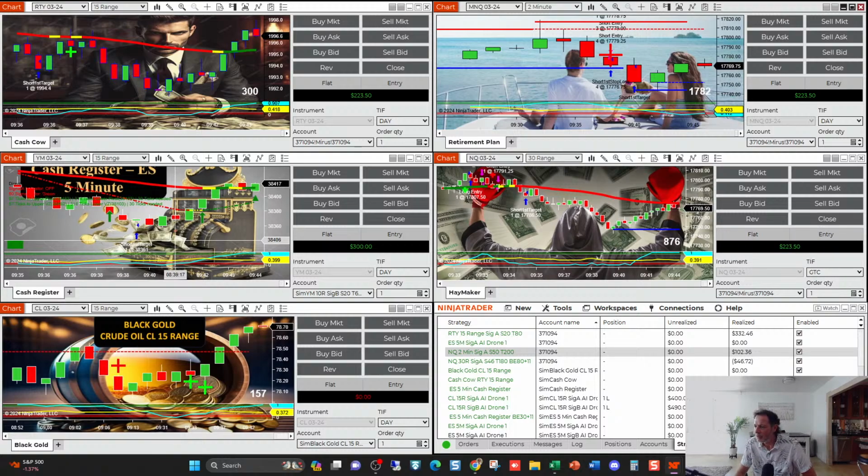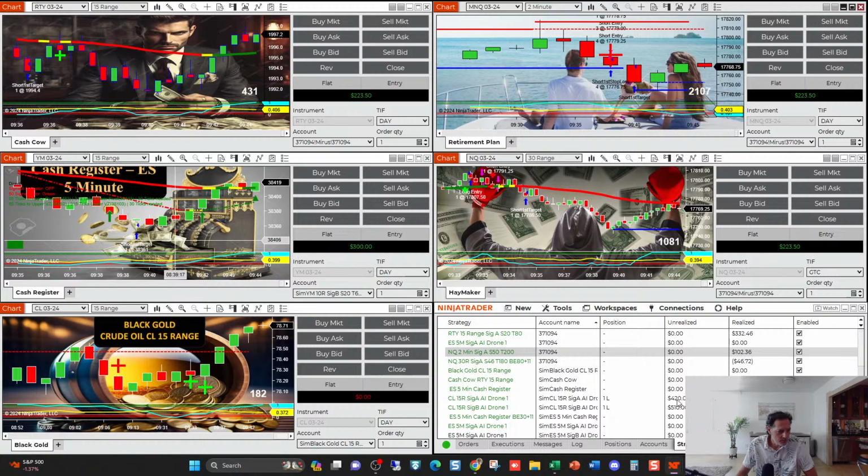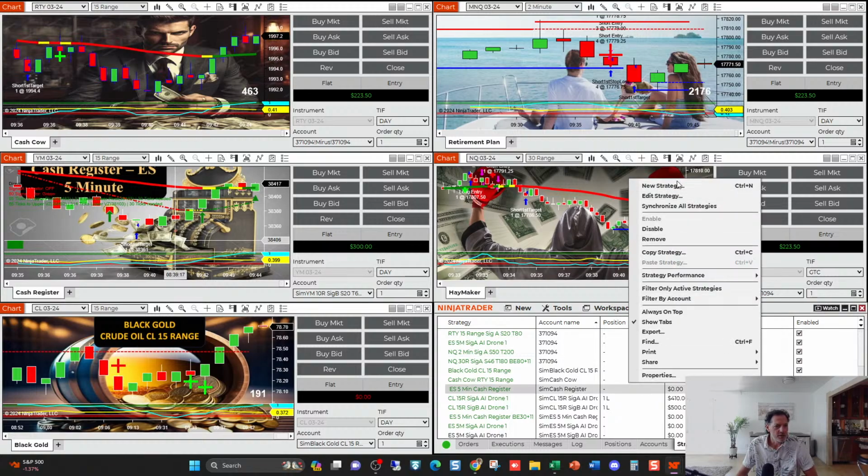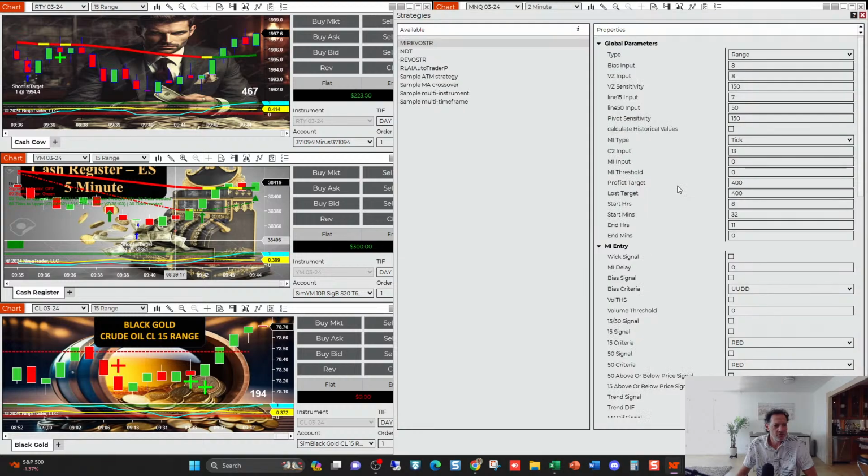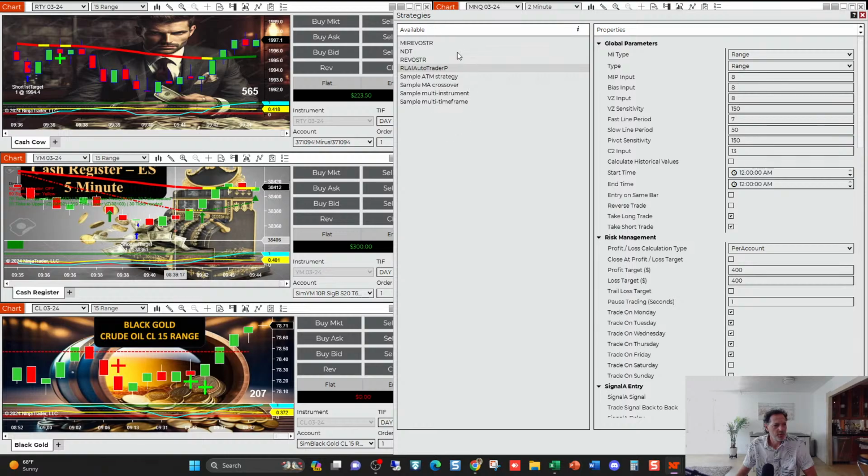And where do we input the number of contracts? Okay, so let's create another strategy or even edit one. Let's right click. We'll do a new strategy. I have a few more options available here. These are all the indicator suites from all of our software.